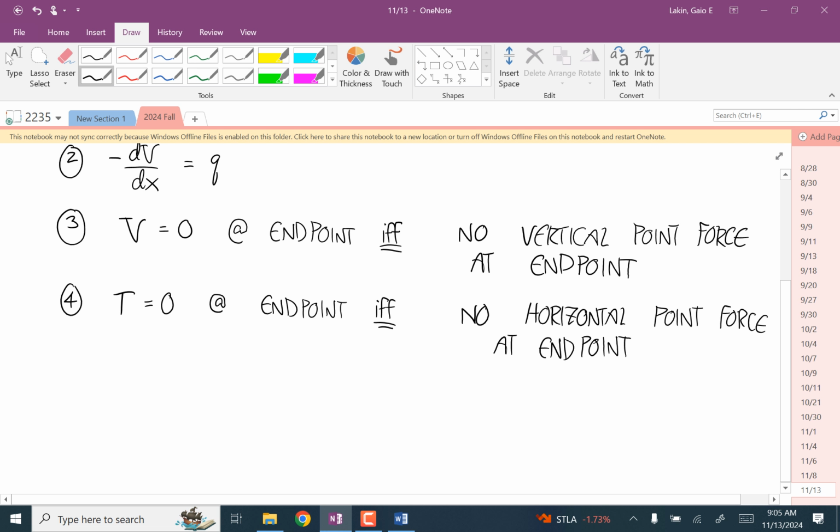And then what do you think the fifth one is going to be? Any guesses? Rotational. Yes, exactly. So the bending moment is equal to 0 at an endpoint if and only if there's no point couple at that endpoint.